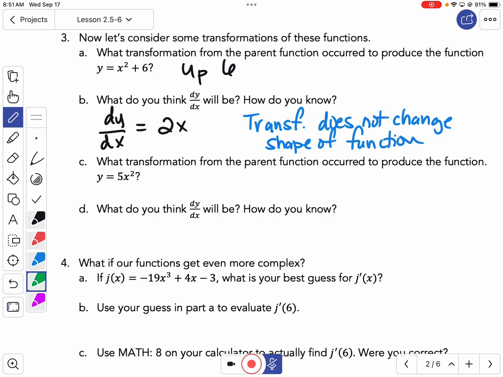Okay, so then what's the transformation for y equals 5x squared? What happens when we put a coefficient on a function? What's the transformation? It's a stretch, right? It's a vertical stretch. Okay.